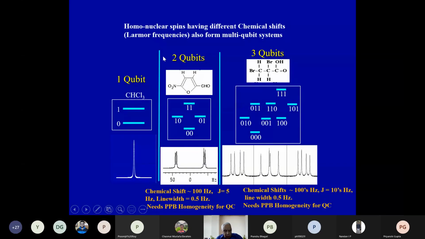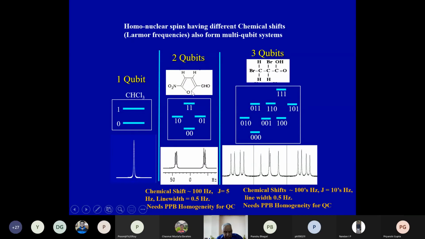But homonuclear spins, that means proton-proton systems having different chemical shifts, also form multi-qubit systems. Suppose you take unlabeled chloroform. You have a single proton, it's a 1-qubit system, a single line. You just take chloroform, put it in the NMR sample tube, and you get one proton signal at the Larmor frequency of the proton.